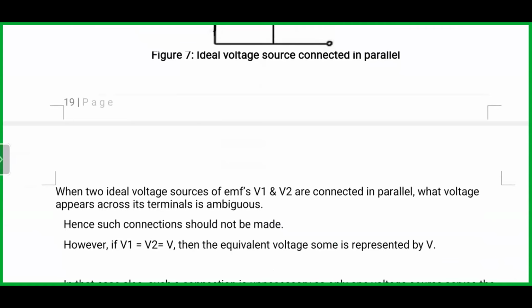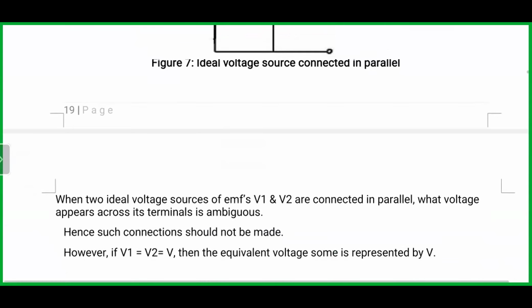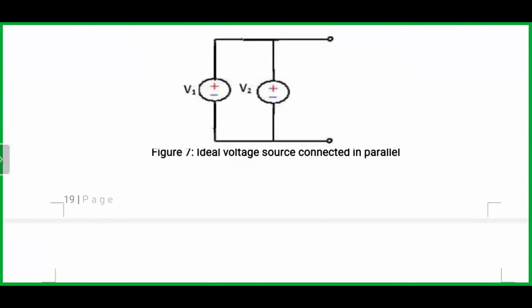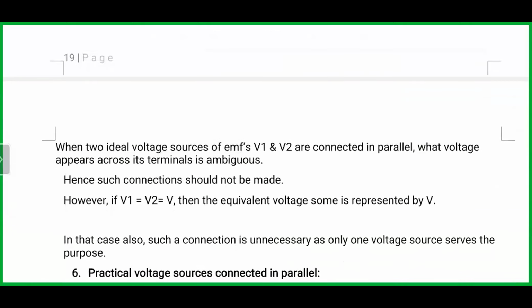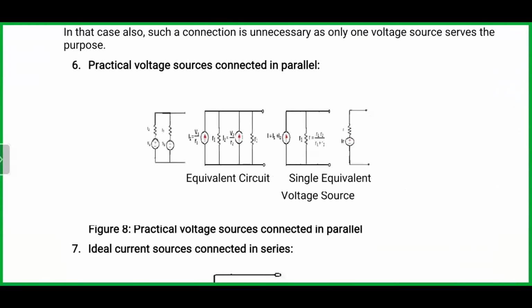The voltage becomes constant and the current will be increasing. Look at that. You see that V1 is equal to V2. And note too, it's not advisable to put two different voltages in parallel. They must be the same value.